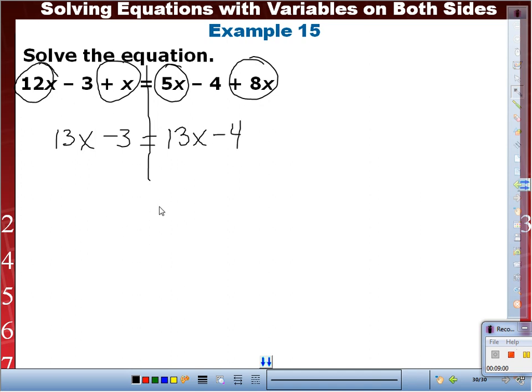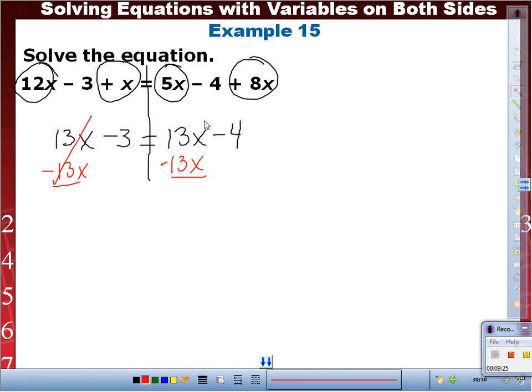Look at it. Is that an identity? No. It looks alike, but it's not. So when you get to these that are not identity, keep going. The next step is to do what? All variables to one side. Where do I start? Subtract 13x. Subtract 13x. And Paulina, these cancel.